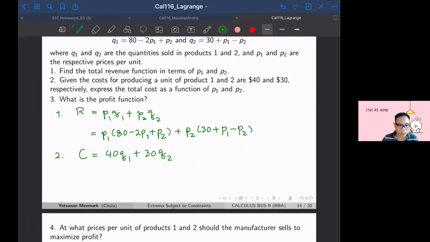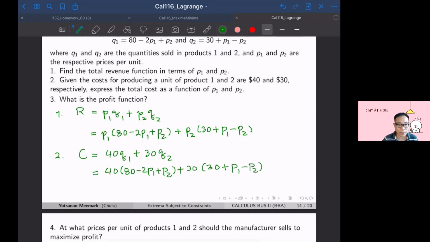Okay, so you have the cost function, given by a function in terms of P. So you would get 40 multiplied by (80 minus 2P1 plus P2) plus 30 times (30 plus P1 minus P2).